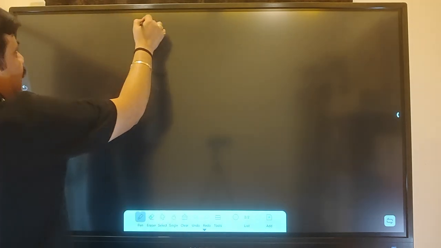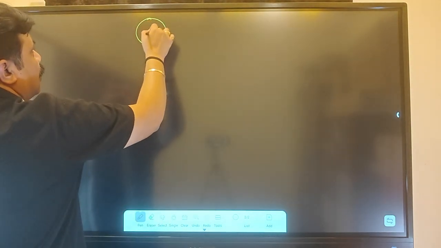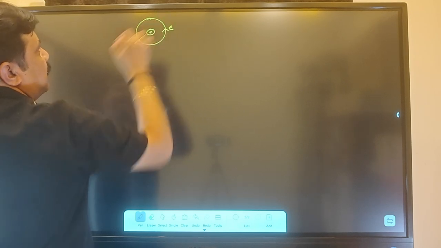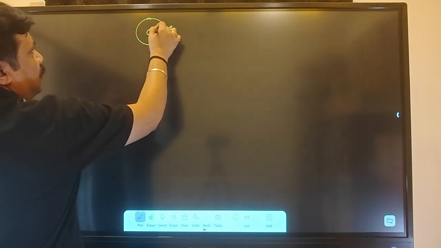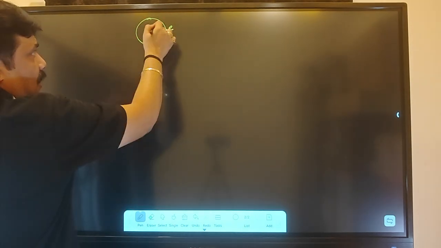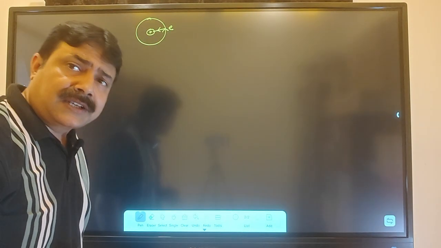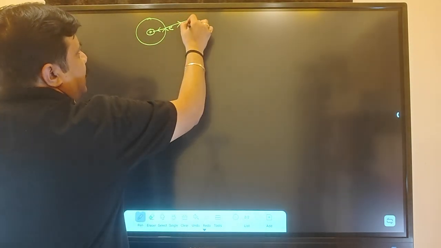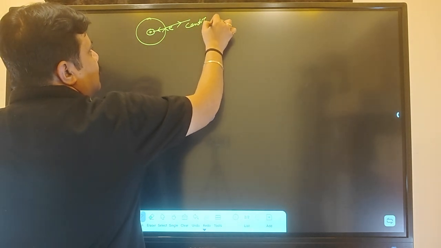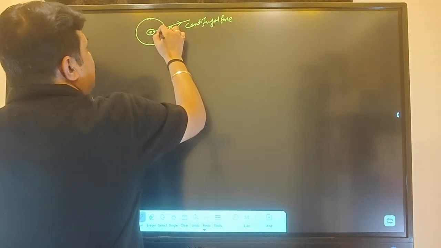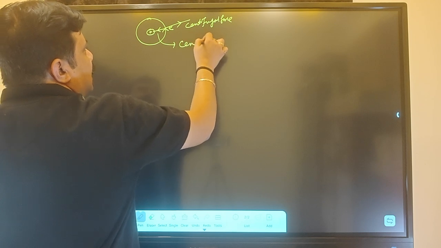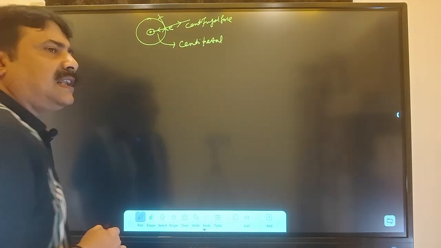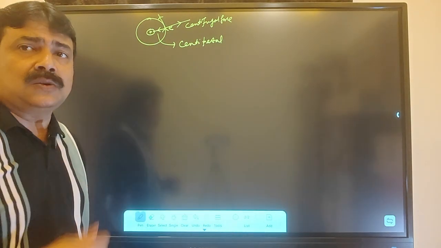Whenever an electron is moving in a particular orbit, suppose there is a nucleus and the electron is moving in a particular orbit, then inward there is a force of attraction, which is called the centripetal force or electrostatic force, and when rotational motion is there, outward there is a force which is nothing but the centrifugal force, and the inward force is the centripetal force. Whenever these two forces balance, the inertia of movement of the electron is in this direction. That's why the electron is in a circular path.